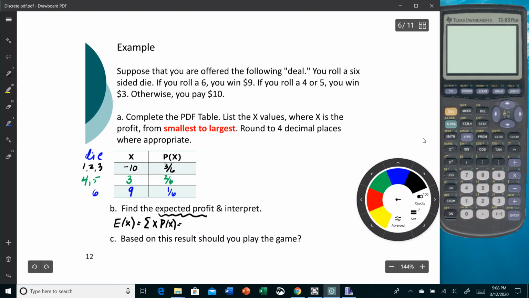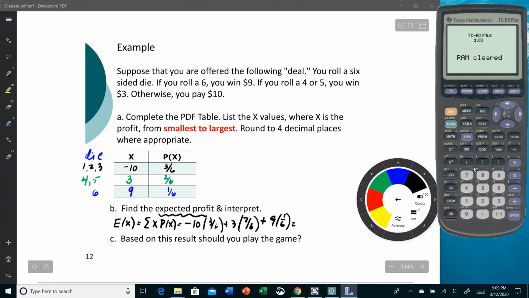So in this case, that's going to be negative 10 times 3/6, plus 3 times 2/6, plus 9 times 1/6. And if we want to do that calculation without doing it by hand, we can use a calculator for that.